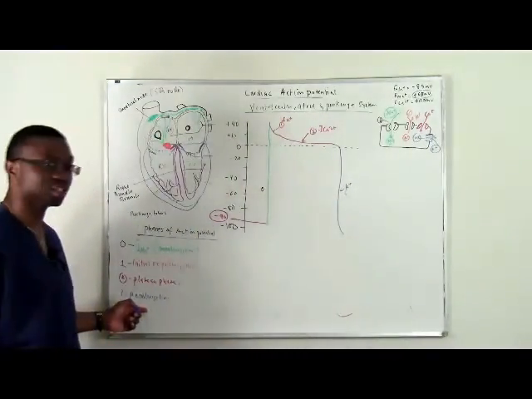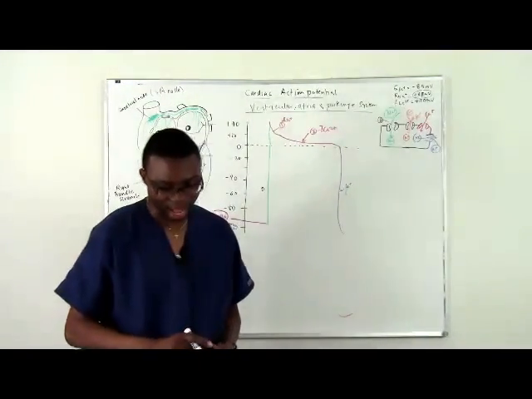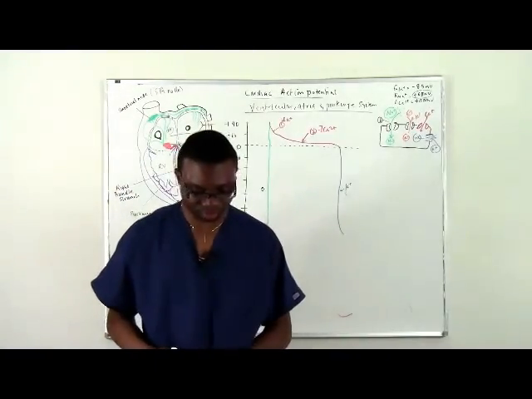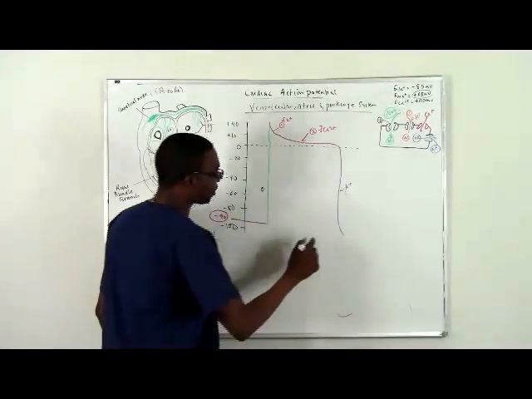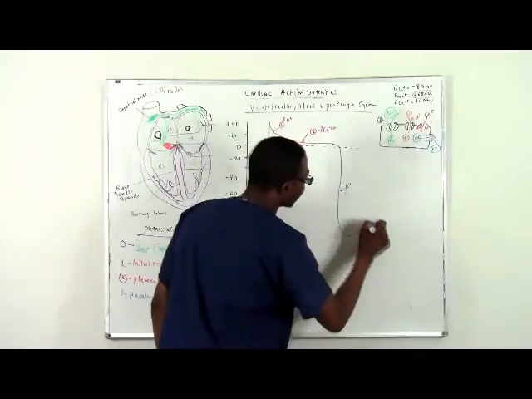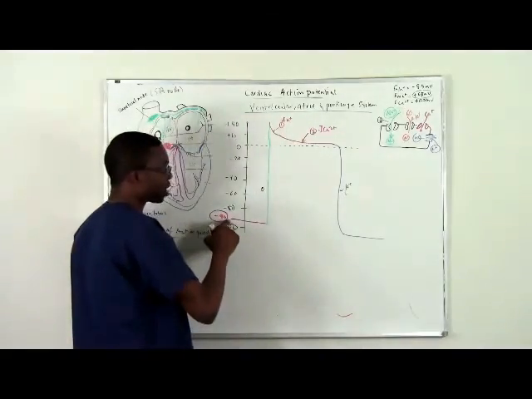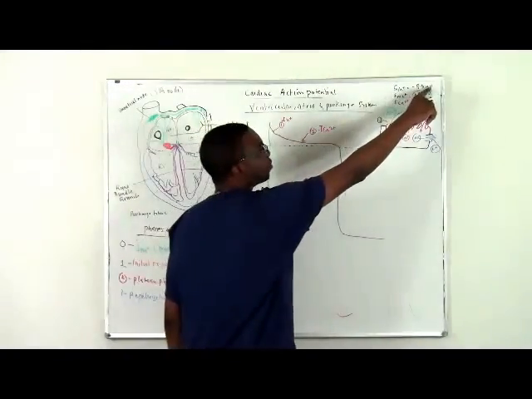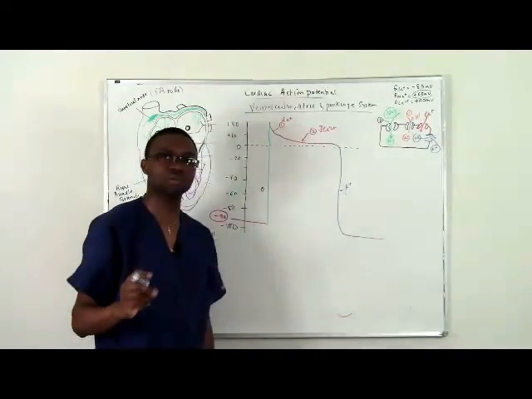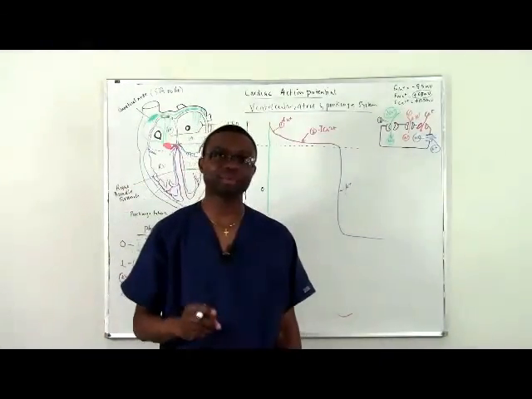And that is phase 3 of the cardiac action potential. Once we repolarize, we are going to go back down. See, as we go back down, we approach -90, which is the resting membrane potential.